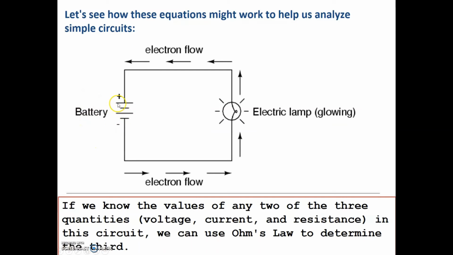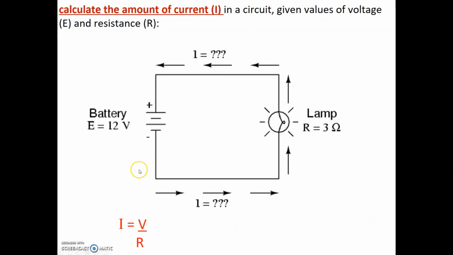Here we have a battery. We have current flowing around, and we have a lamp, a light bulb, and that is the resistor in the circuit. So if we know the values of 2 out of 3 of these, we can always find the third. Here we have a 12-volt battery, a resistance of 3 ohms in the lamp, and now the question is, what is our current?